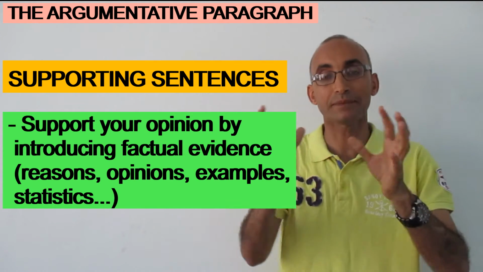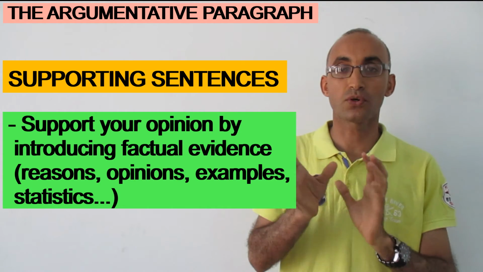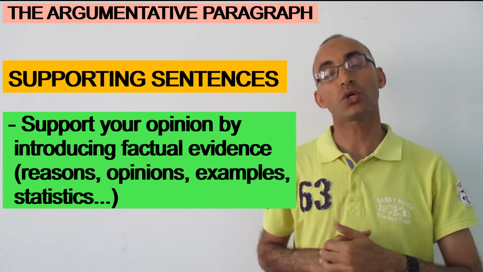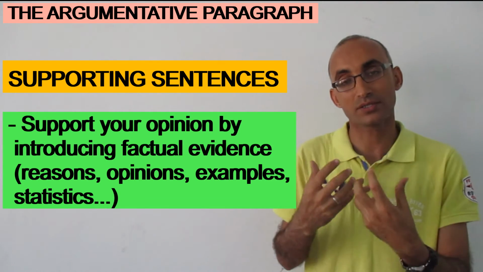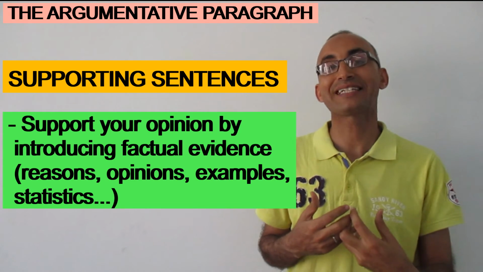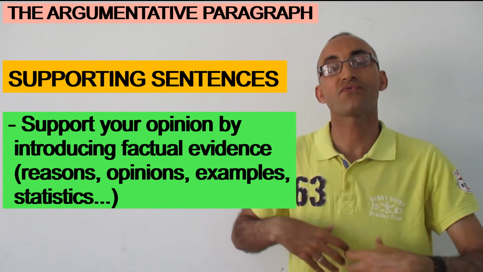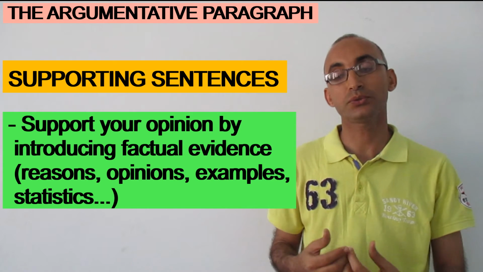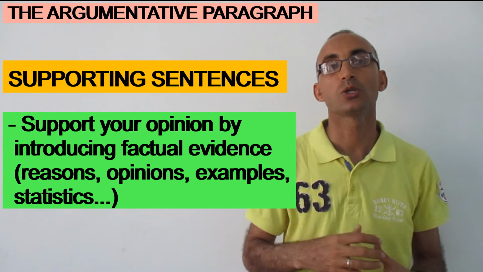You can do three arguments, three proofs, three or four, to back up your point of view and to show the reader why your choice, your opinion, is correct. Of course, inviting him to agree with you, and trying to persuade and convince him through these facts which represent your arguments and your proofs.